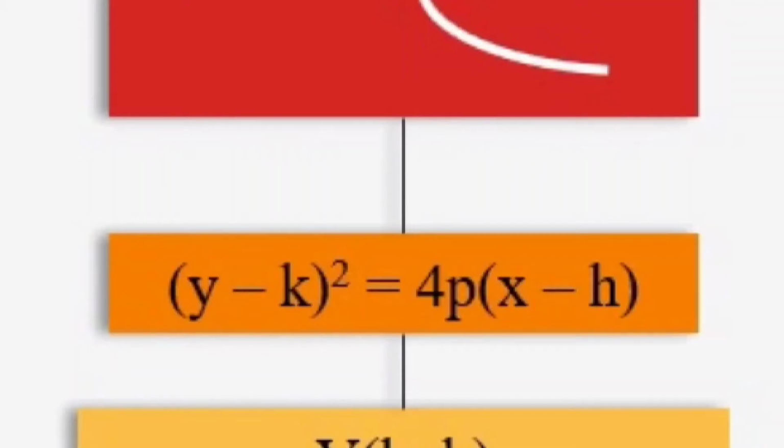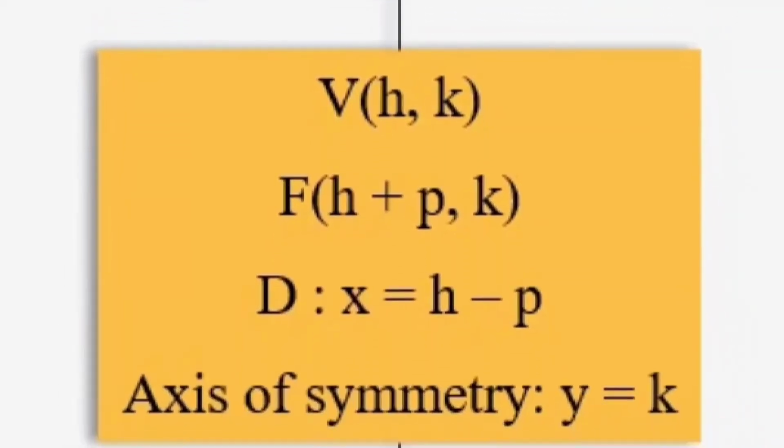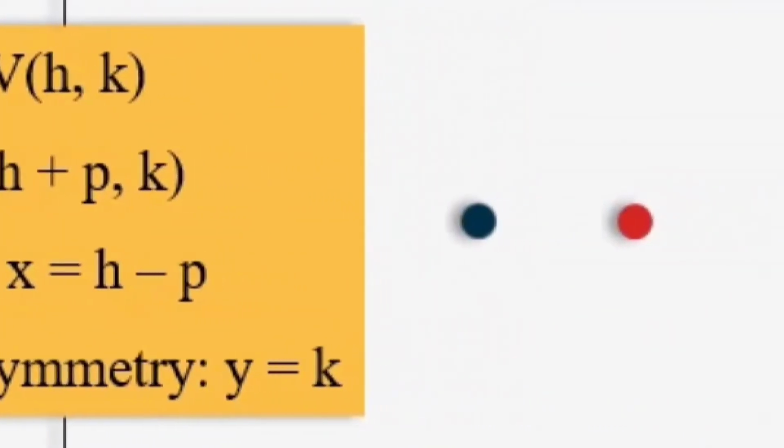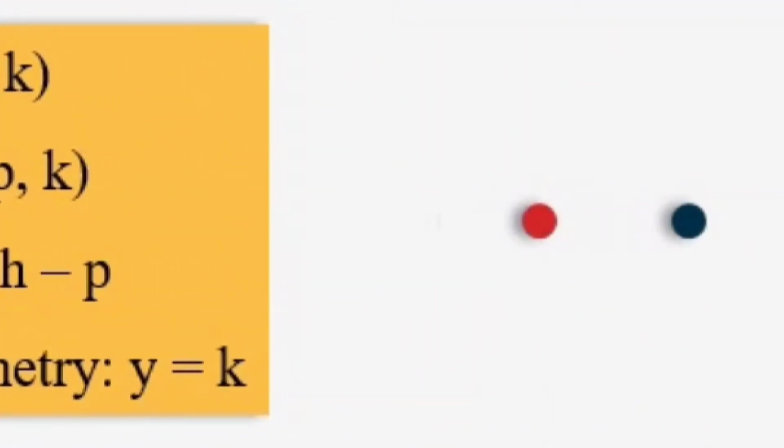Yung properties naman nito ay v, h and k, f, h plus p, k. Kanina, pataas and pababa ang motion ng focus, kaya nag-add tayo ng p sa k. Dito naman, since sideways yung motion ng focus natin, so ang mag-change ng value ay si h. Okay? Kaya nag-add tayo ng p doon sa h. I hope that is clear.